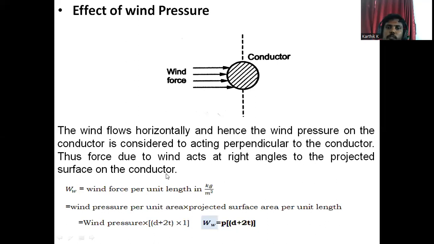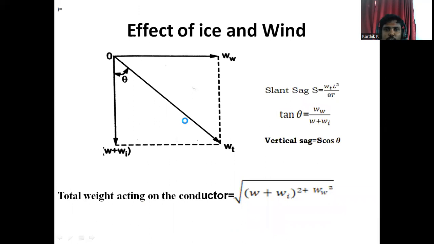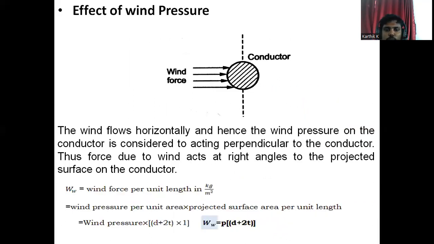When we apply wind force on a conductor, we assume the wind force acts horizontally. For that case we calculate the value of the force in kilogram per meter. So the wind force Ww equal to wind pressure into (d plus 2t), which is the projected surface area per unit length.